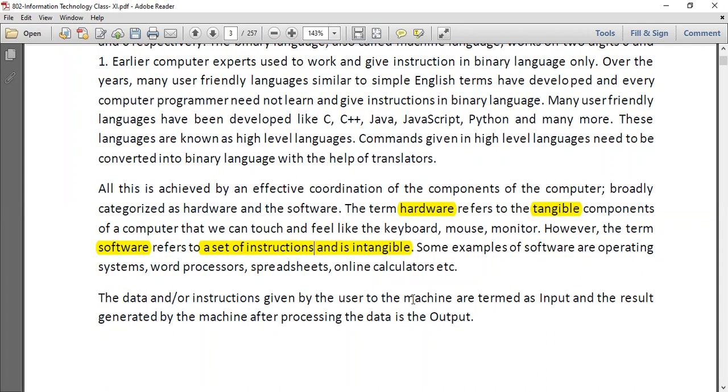So software comprises a number of programs, where these programs have a number of instructions inside them. एक सॉफ्टवेयर में बहुत सारे प्रोग्राम्स होते हैं, उन प्रोग्राम्स में हम बहुत सारी इंस्ट्रक्शंस लिखते हैं. ठीक है, तो प्रोग्राम्स का भी इसमें थोड़ा सा कंसेप्ट आपको पता होना चाहिए.